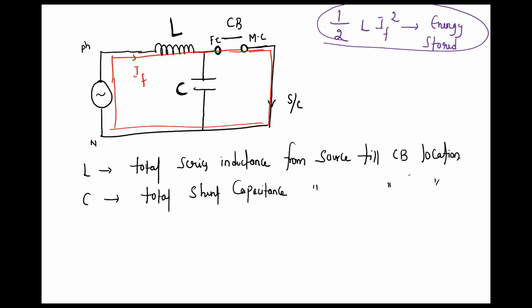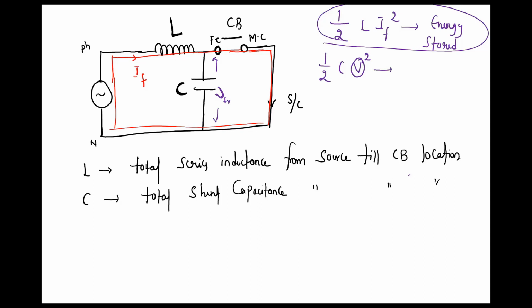So this complete energy is converted into half C V square energy. So then the voltage across the circuit breaker, a high frequency transient voltage, is developed across the capacitor because of the natural current zero.